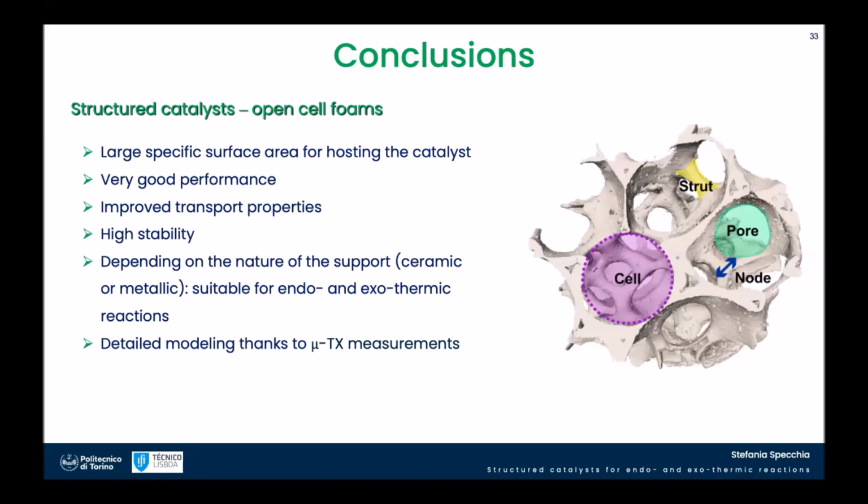So it is very important to study in detail what the applications are for a certain specific reaction. But anyhow, those kinds of structures provide much better transport properties compared to the monolith. And so they are a very interesting alternative to monoliths from the point of view of intensifying a certain chemical process.